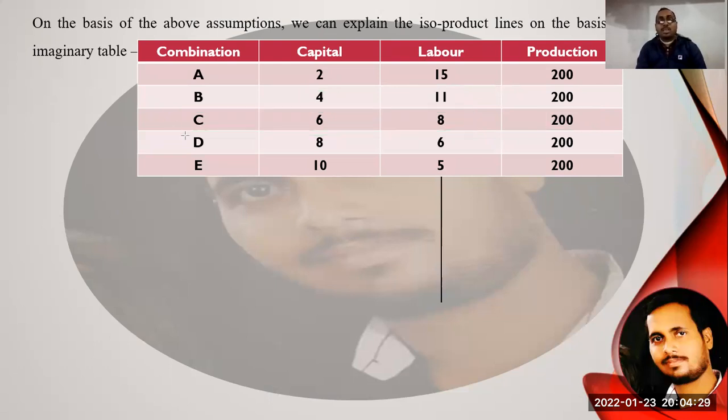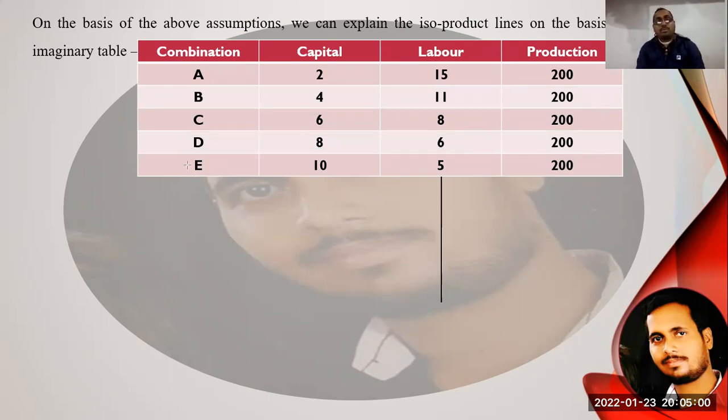The fourth combination is D, where the entrepreneur further increases capital to 8 and decreases labor to 6, and it still provides 200 units of production.